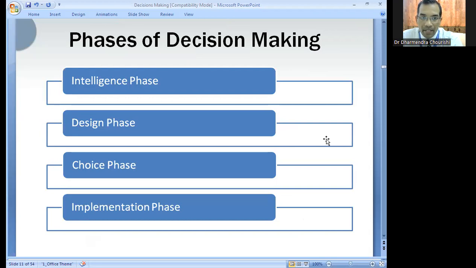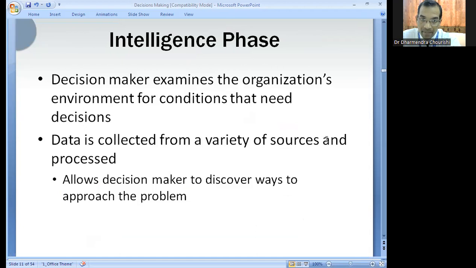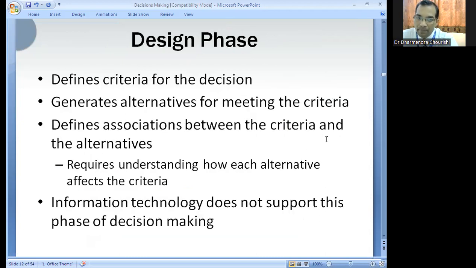So now we have the phases of decision making, which are categorized into intelligence, design, choice, and implementation. In the intelligence phase, decision makers examine the organizational environment for conditions that need a decision. Data is collected from a variety of sources and processed. It allows decision makers to discover where to approach the problem.